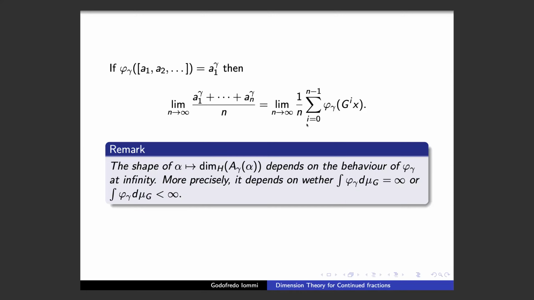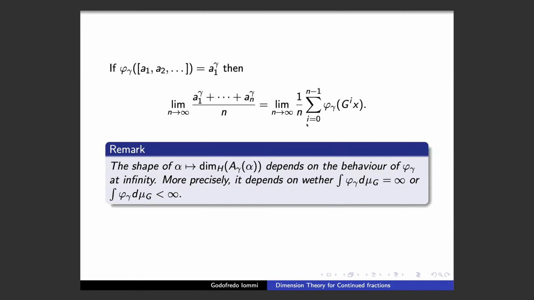To be more precise, it depends on the integrability of the potential with respect to the Gauss measure. If it's infinity, then you have the smooth increasing function. If it's finite, you hit Hausdorff dimension 1 in finite time, and then you have the plateau. But I would like to stress this.